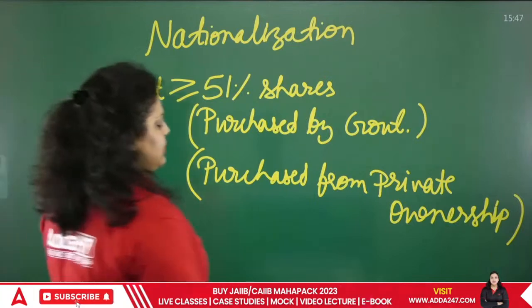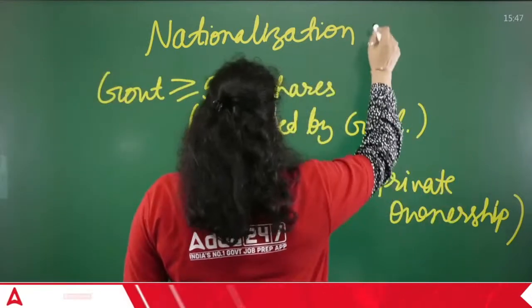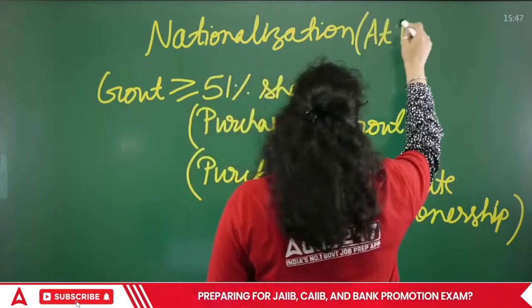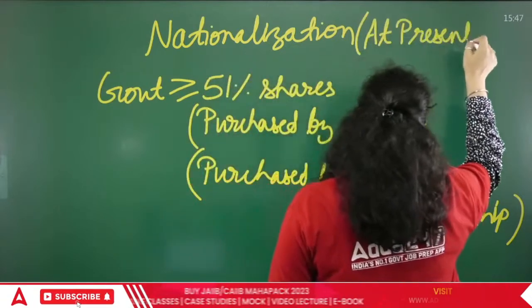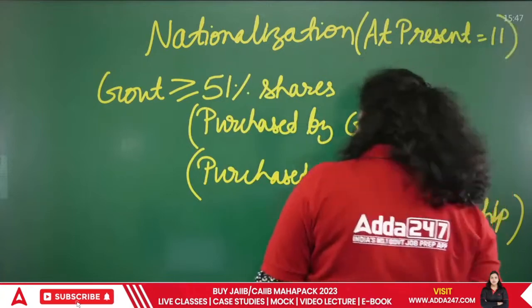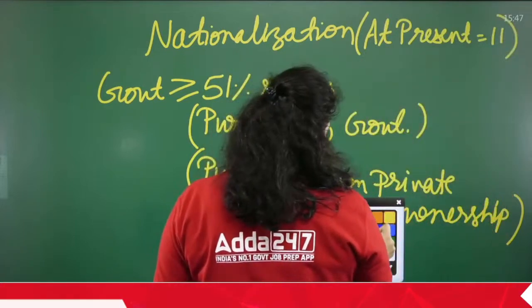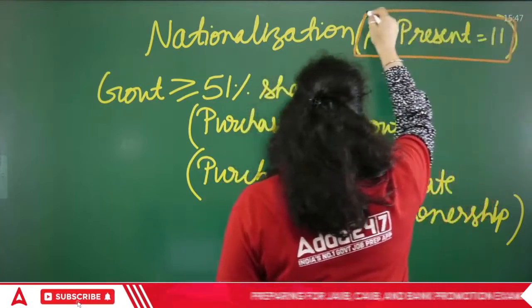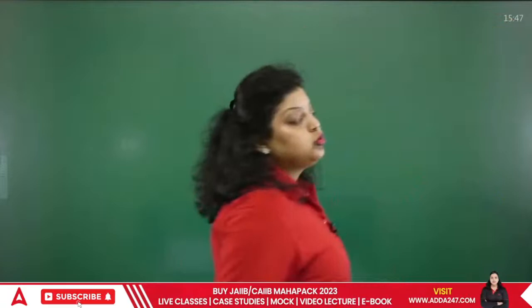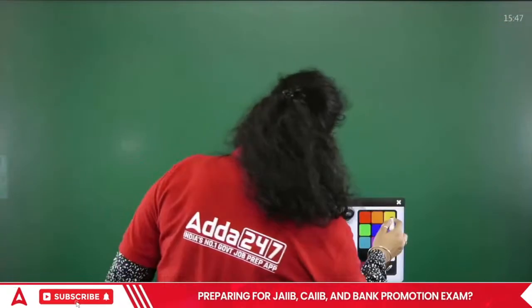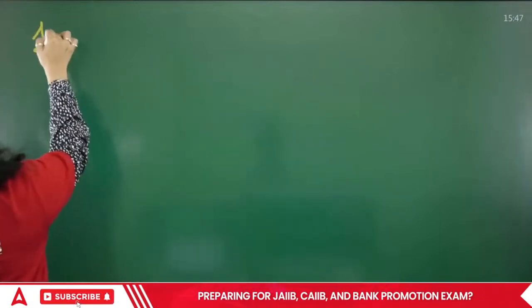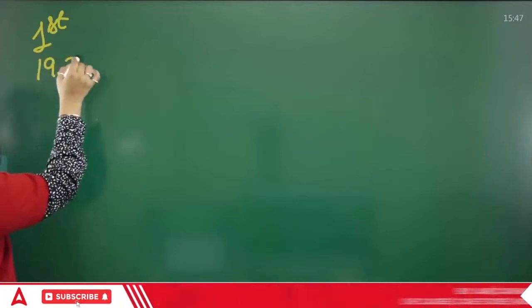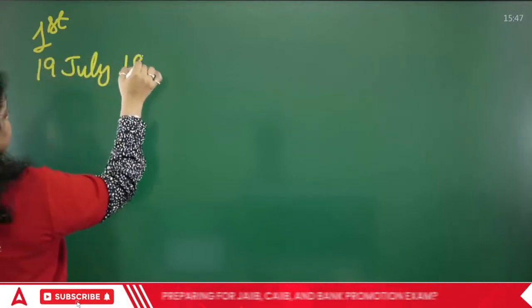Now, if I talk about nationalization in our country at present, how many nationalized banks are there? We have 11 nationalized banks. But they used to be more than 11. The first nationalization happened on a particular date, 19 July 1969.